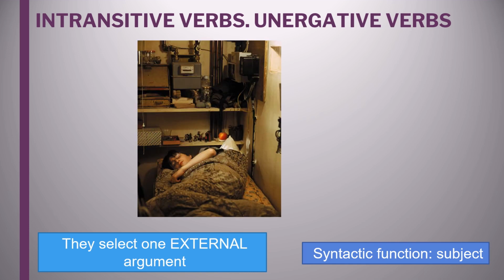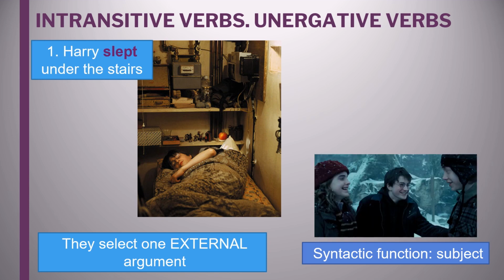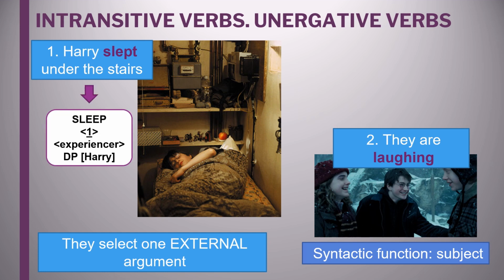Harry slept under the stairs. They are laughing. In sentence 1, the verb sleep selects one external argument, the DP Harry, which receives the theta role of experiencer because it is the entity that perceives or experiences the event of sleeping.